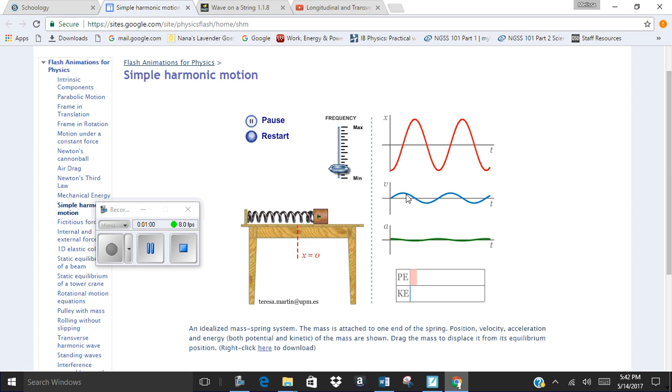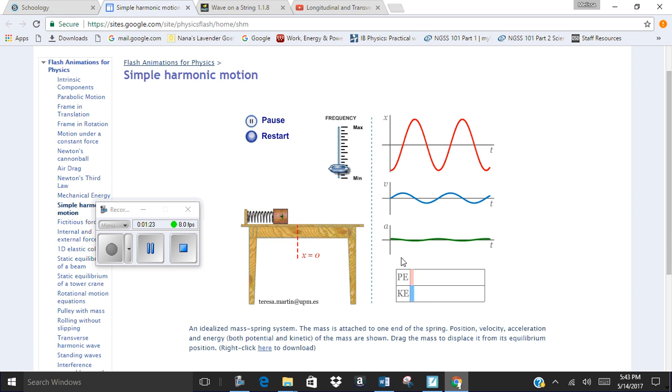And you'll see that 2 complete cycles also happen with the velocity time graph, because you have 1 up, 1 back to equilibrium, 1 down, 1 back out, 1 back to equilibrium, which is consistent to 1 wavelength, which is going to be the same wavelength as what you see in the displacement versus time graph.